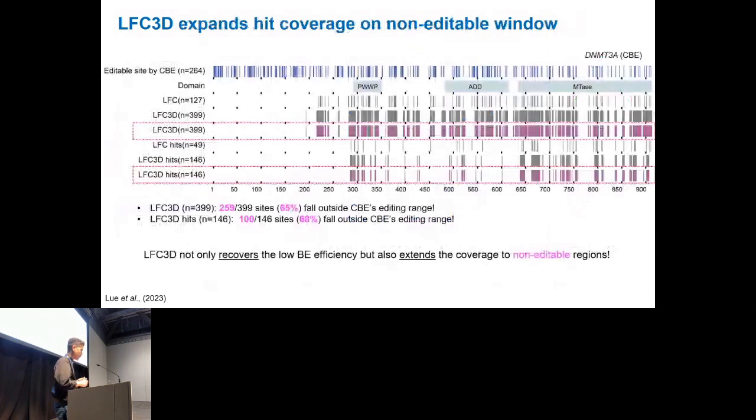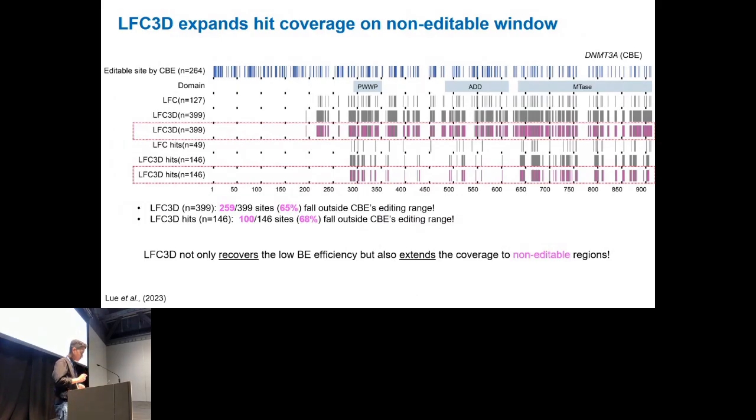And here I want to highlight just one thing: when we first design the guide RNA, we can actually screen the PAM sequences available. So from here, for DNMT3A, we can only hit 264 residues out of 912. But as you just saw, the experiment only got a signal on 127, which is half of the base editor efficiency.